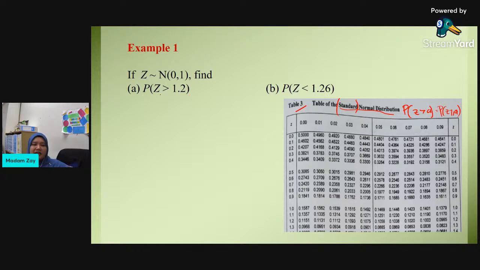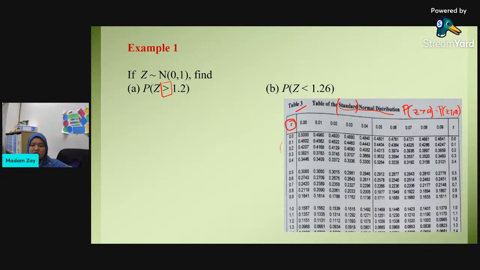So, nak cari nilai probability for Z more than 1.2. So, kita boleh cari terus directly daripada table. So, tengok dalam table, kolom yang pertama ni, Z ni, adalah kolom decimal yang pertama. So we have 0.0, 0.1, 0.2 and so on.